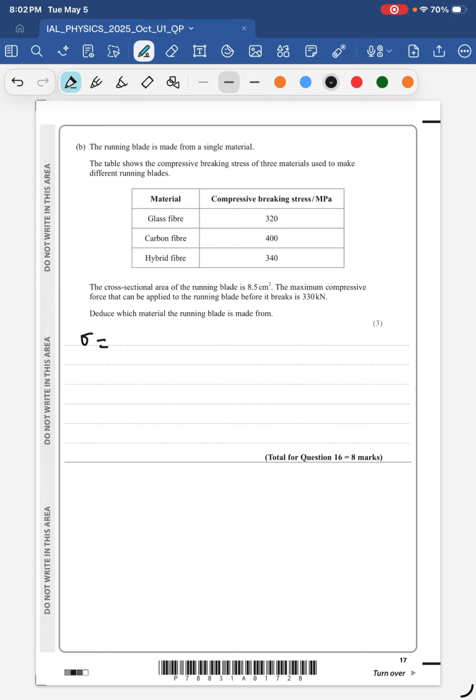So stress is force per cross-sectional area. So the maximum compressive force is 330,000 newtons. The cross-sectional area is 8.5 square centimeters, so 8.5 times 10 to the negative 4 square meters.